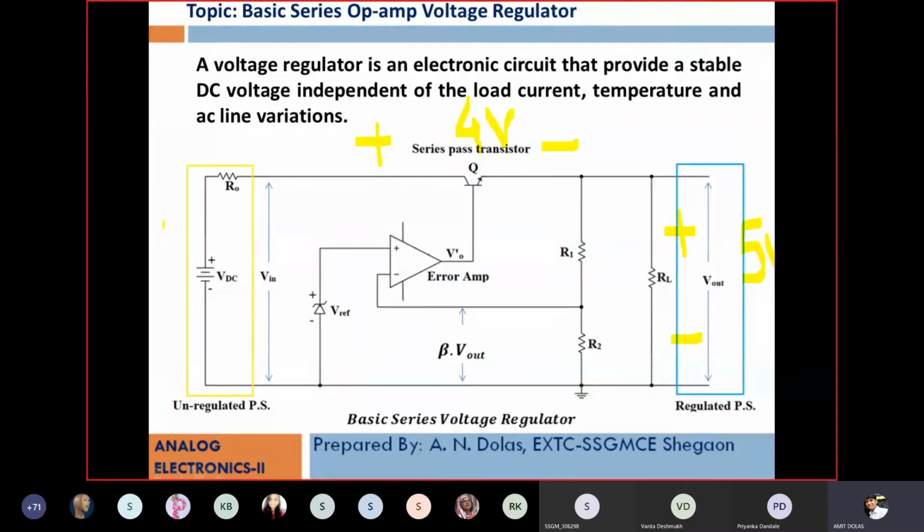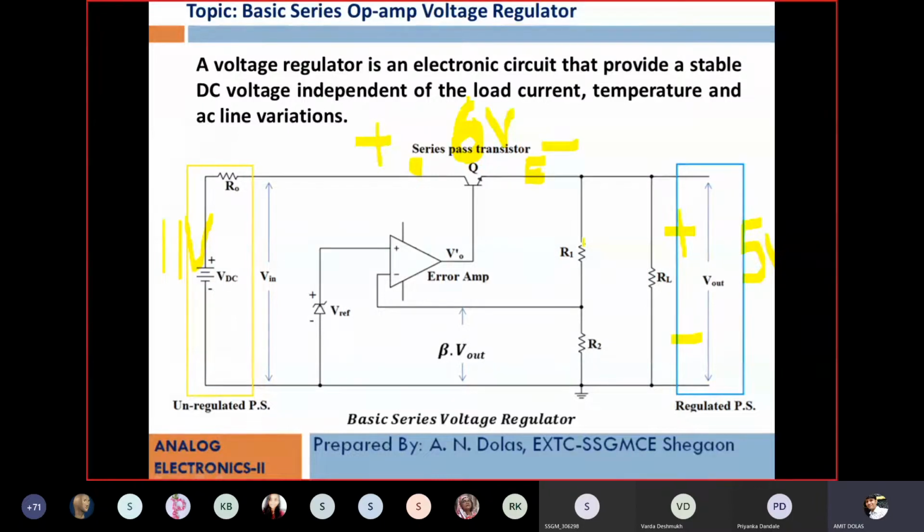Suppose your input unregulated power supply varies and becomes 11 volt, now your transistor will absorb 6 volt across it, that is across collector and emitter, VCE, and the remaining 5 volt will remain stable across the output.